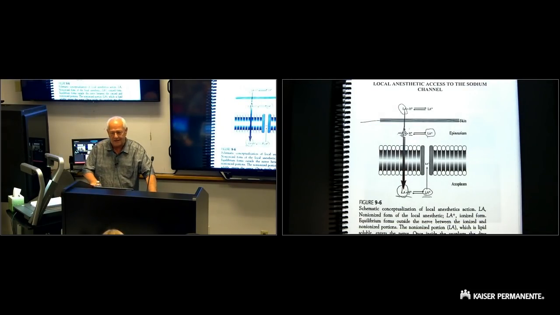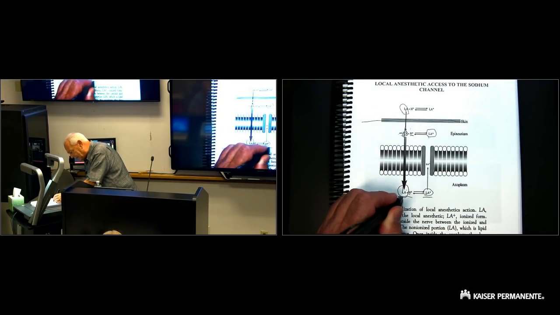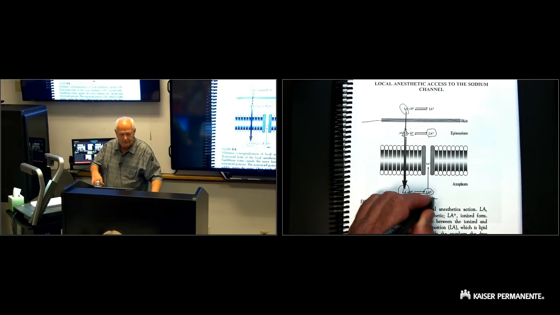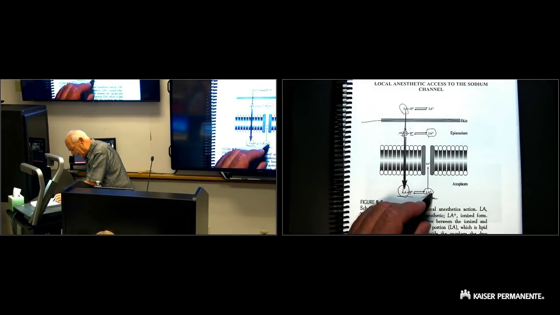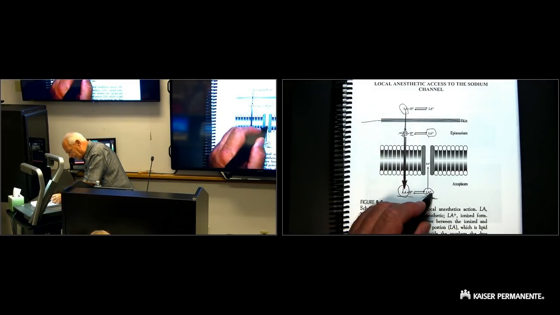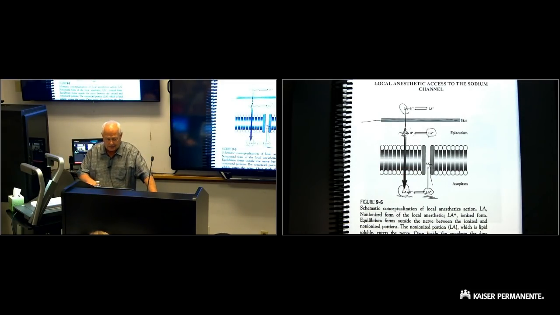Once it gets inside, it reestablishes a new equilibrium between ionized and non-ionized. So it starts out non-ionized to get in the nerve, but then, because of the pH inside the nerve, some of that ionizes. And it's the ionized charged portion, LA+, that enters the sodium channel, goes to the receptor, and produces the block.